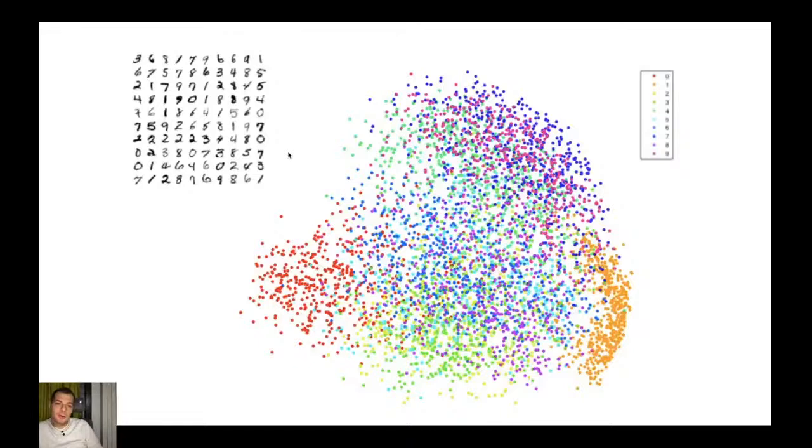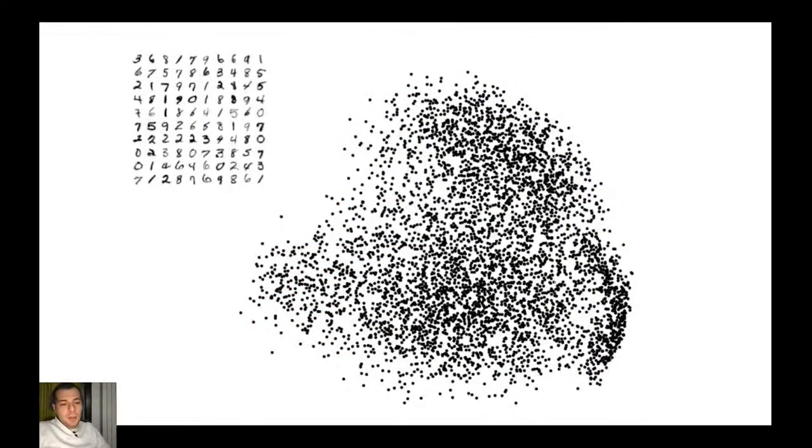Because it doesn't take into account the labels, if you want to visualize the data, it will look something like this. So it's not really explanatory.